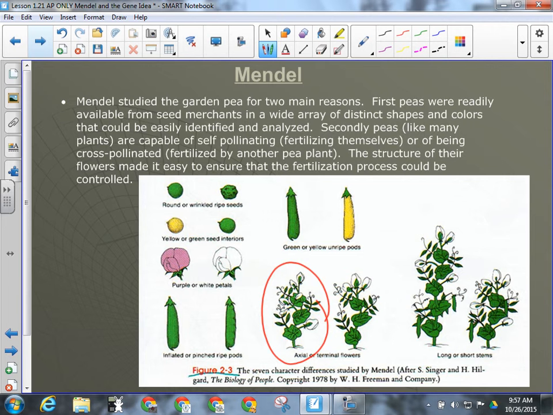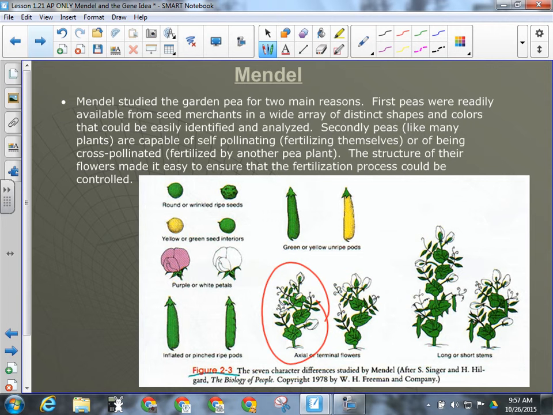What he looked at was what traits showed up as a result of the breedings he caused within the peas. He noticed that the numbers were never equal. Some traits showed up way more often than others. Why do you suppose that would be? Some things are recessive and some things are dominant. The dominant traits show up more often.